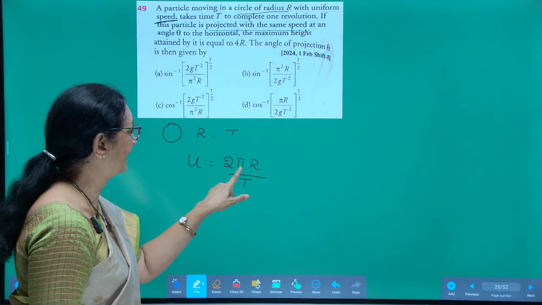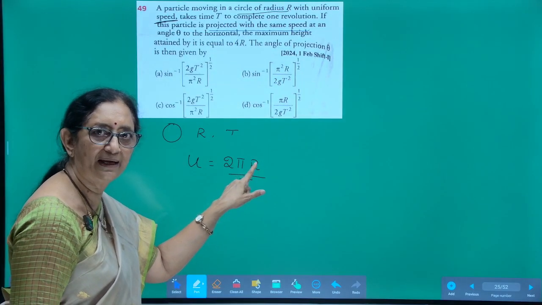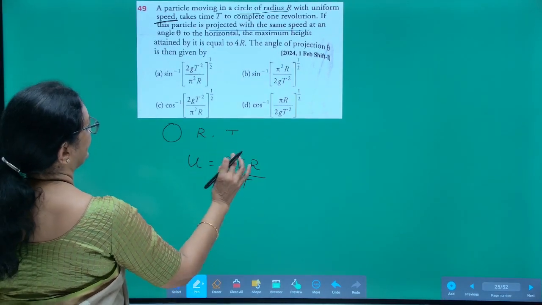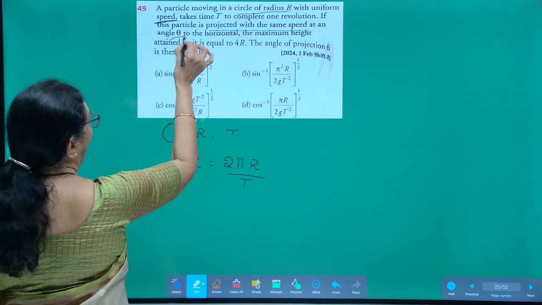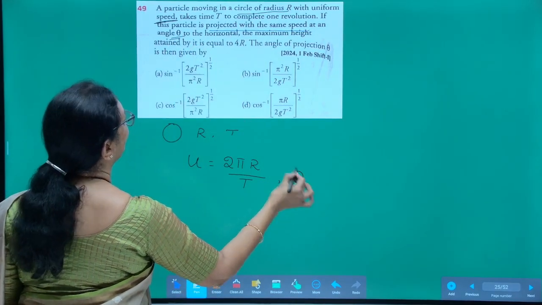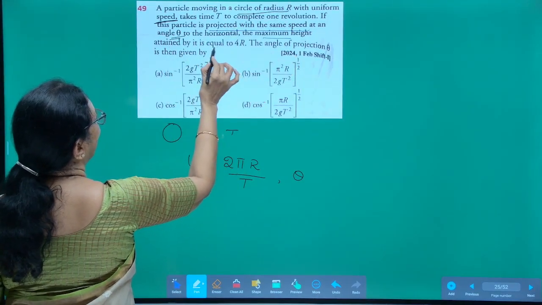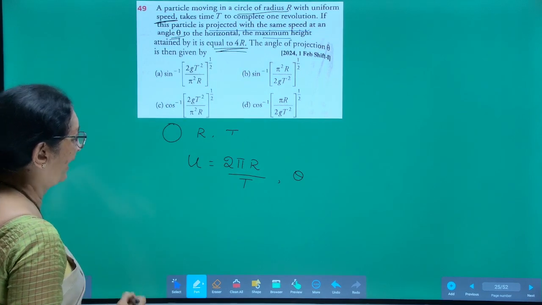Distance travelled by it in one revolution is 2 pi r, and distance by time is speed. So, velocity of projection is 2 pi r by t, angle of projection is given as theta, and maximum height attained by it is equal to 4r.